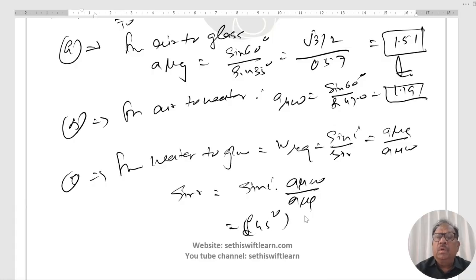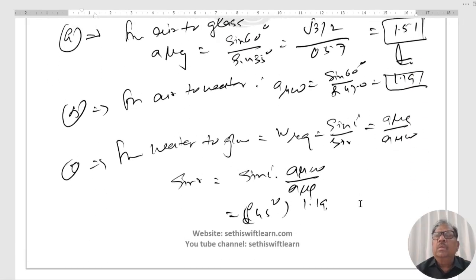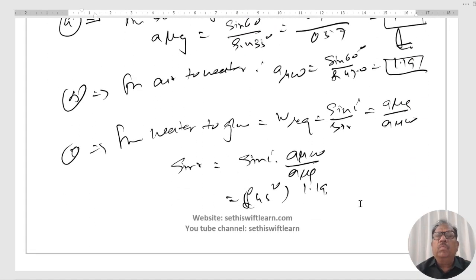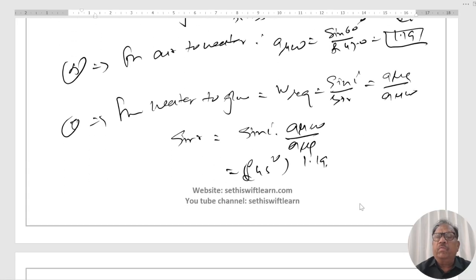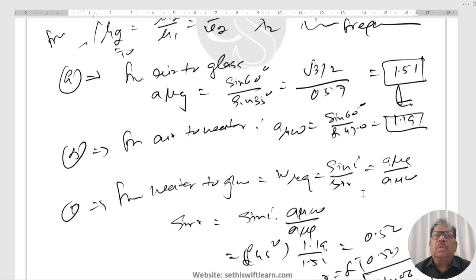A mu W is 1.19 and A mu G is 1.51. On simplification, this comes out to be 0.56. So R comes out to be sine inverse 0.56, or you can say 34.06 degree. This is the answer.